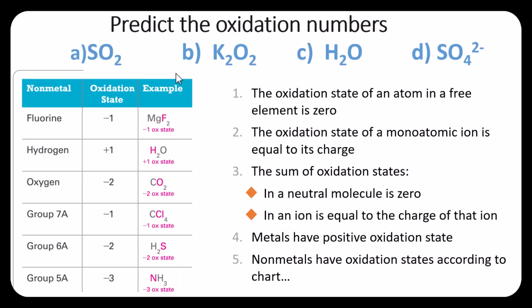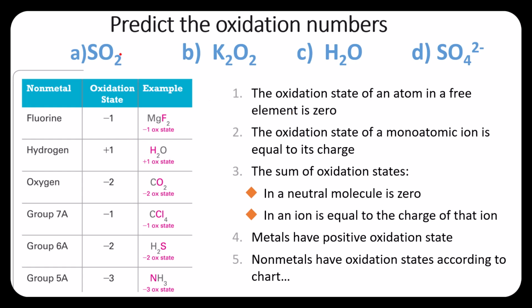So let's take a look at some examples here. I'm going to do this first one with you. We're going to try to determine the oxidation state or number for sulfur and for oxygen. So we're going to go down our list of hierarchy rules. The oxidation state of a free atom is 0.